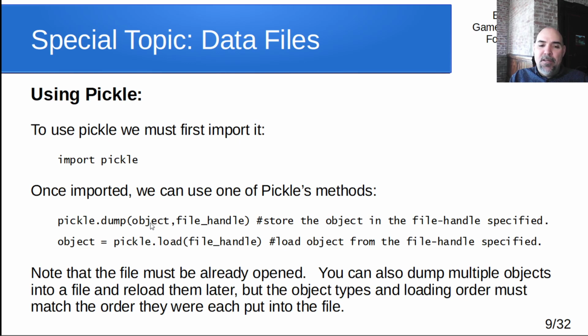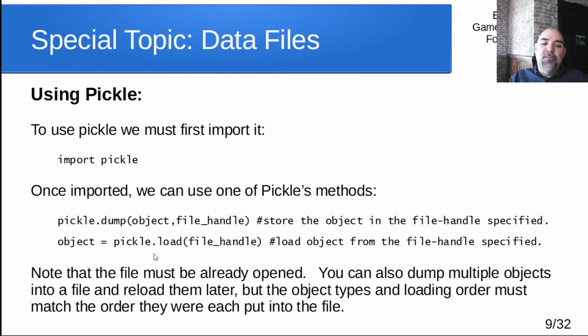This could be a number, a string, an instance. We can put whatever object we want there. And then the file handle we want it to be dumped to. Now in this case, that file would already have to have been opened, and to use dump, it would have to have been opened for writing or appending. So we can essentially say, hey, in this file, write the serialized representation of that object.